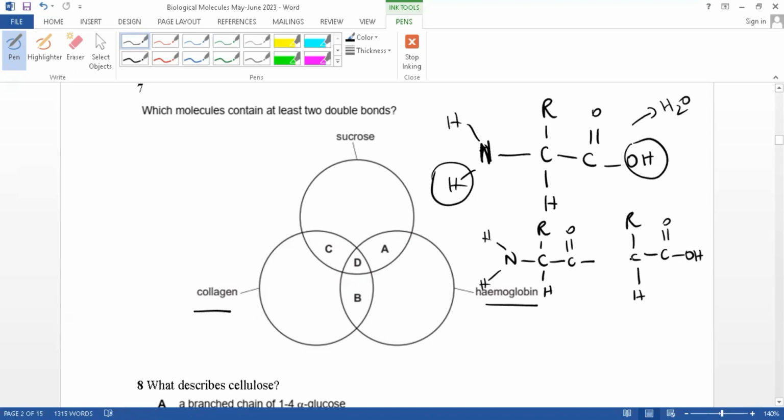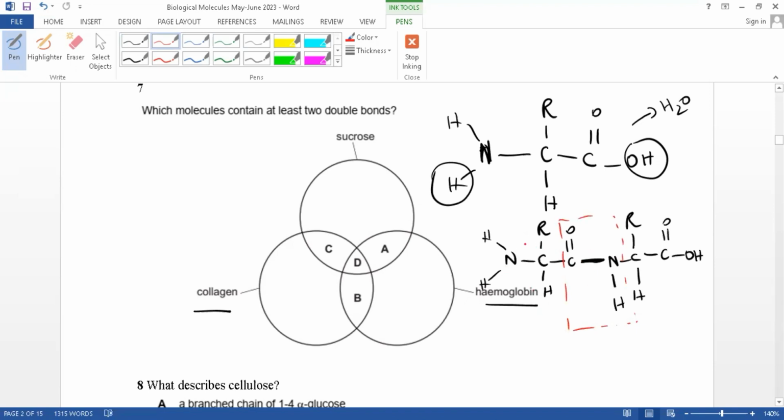So in this next amino acid we have N, and one of the H's, as I told you, is removed and the other H is left. So this is the peptide bond between the two amino acids. This is the peptide bond. We did it before as well.